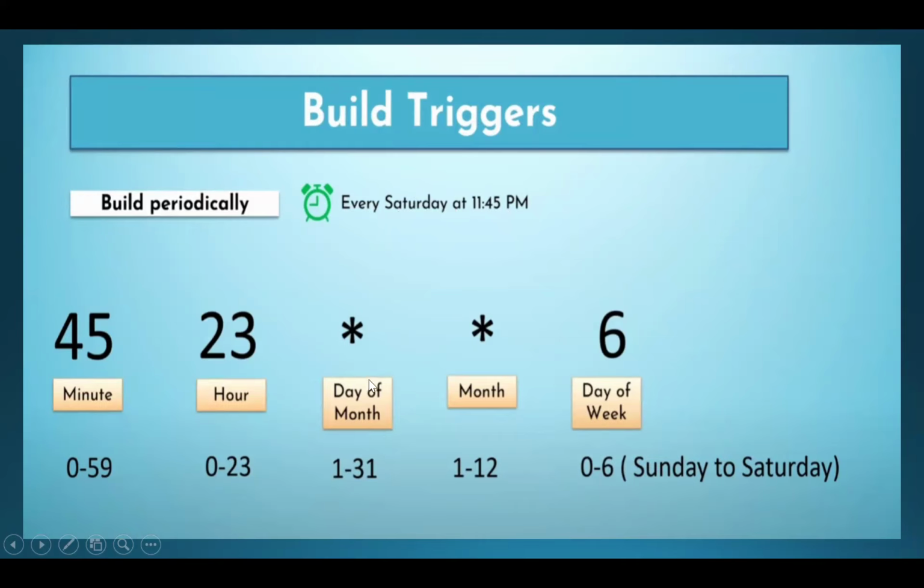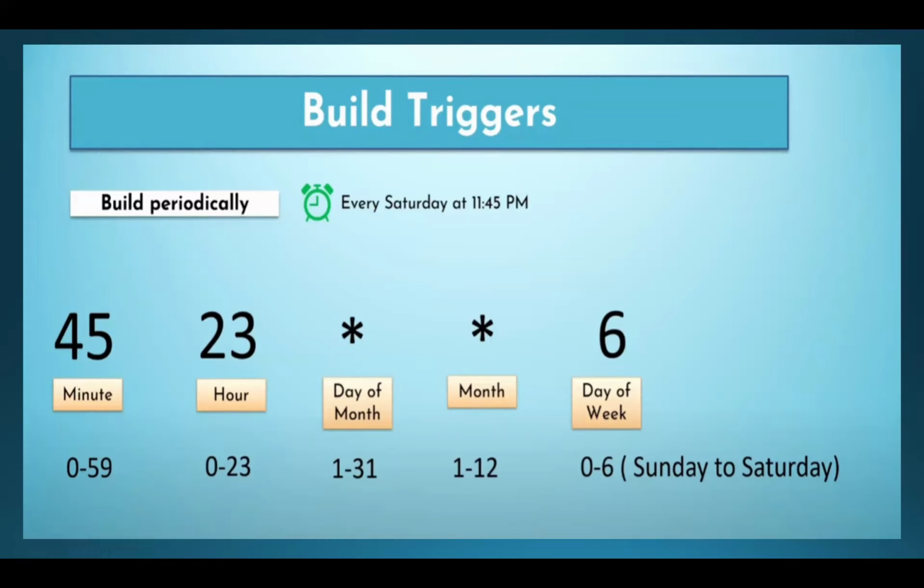Day of month will be star, meaning whichever day. Star means every month. On which day? On the 6th day. So on the 6th day of every month, at 23:45, your build will be triggered.